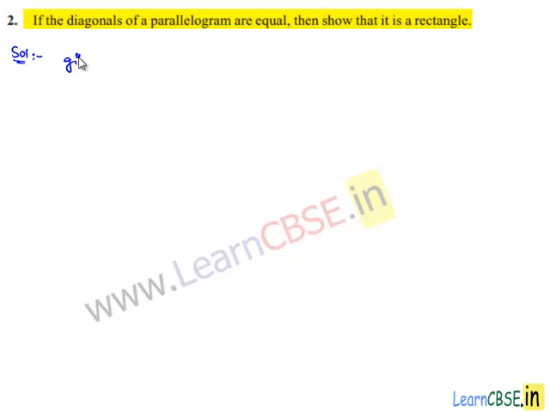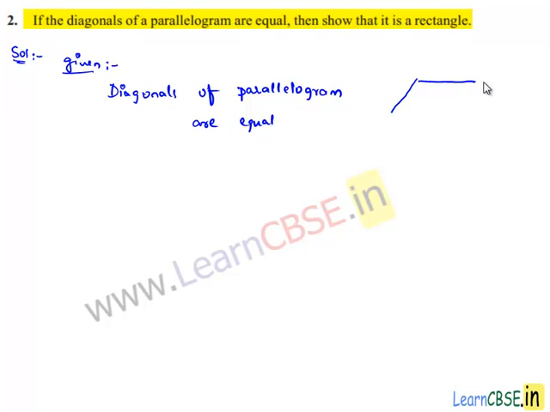Let us note down the given information: the diagonals of a parallelogram are equal. That means let us assume a parallelogram ABCD in which AC and BD are the diagonals.